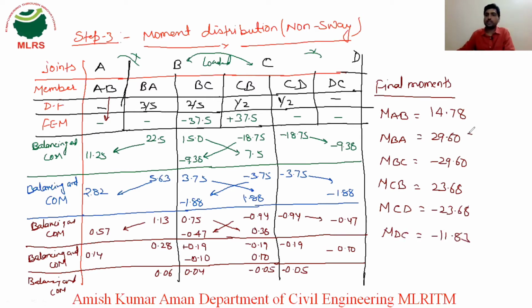Now if you see here, at B joint net moment is 0, at C joint the net moment is 0, so they are exactly same. So if you want to stop here, no problem, you can stop on this step only. Okay, so we got that final moments, that is moment distribution is completed for non-sway.